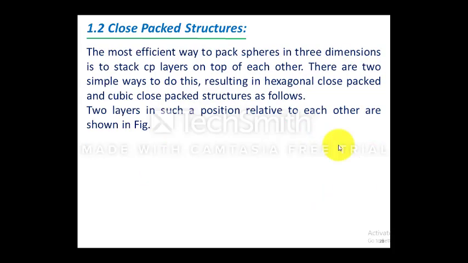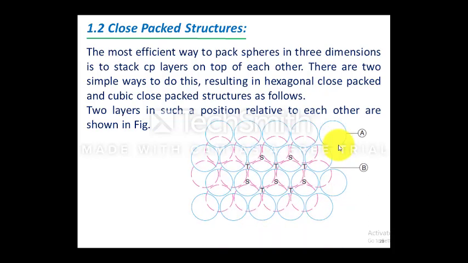The most efficient way to pack spheres in 3 dimensions is to stack close packed layers on the top of each other. There are two simple ways to do this, resulting in hexagonal close packing and cubic close packing. Just look at the figure. The B layer is represented by the circles of pink color, and if we see these circles, there are two kinds of spaces.